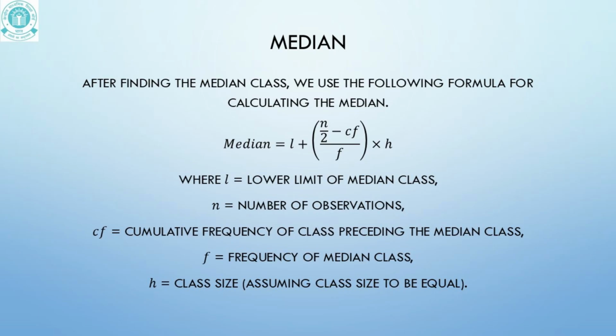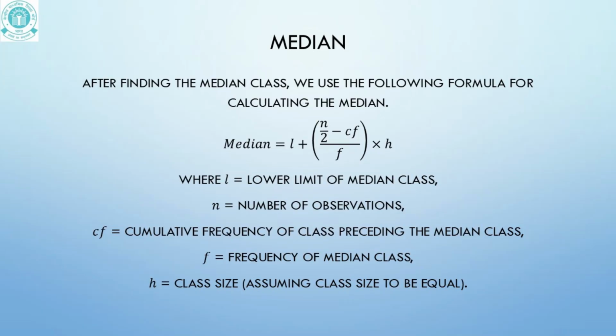After finding the median class, we use the following formula for calculating the median. So median equals L plus, inside the bracket, n by 2 minus Cf divided by F, and the whole is multiplied by H, where L equals the lower limit of the median class, n equals the number of observations, Cf is the cumulative frequency of the class preceding the median class, F is the frequency of the median class, and H is the class size.